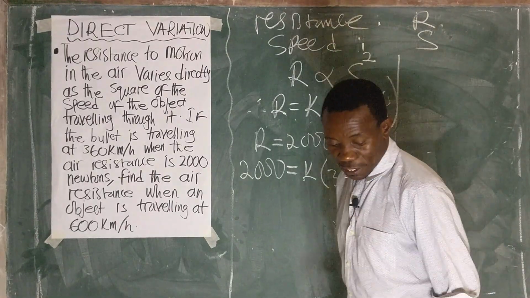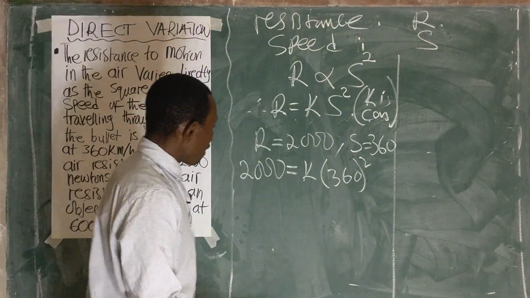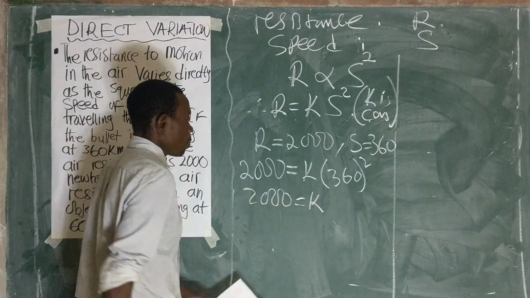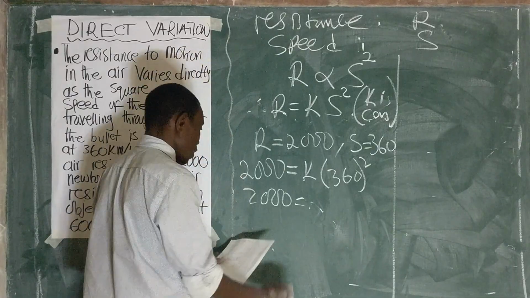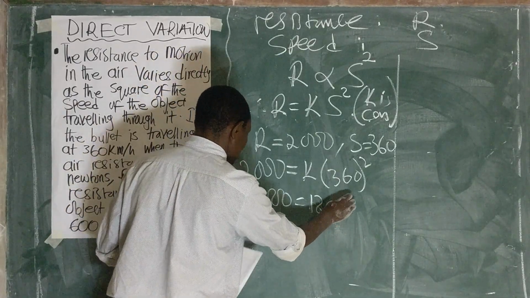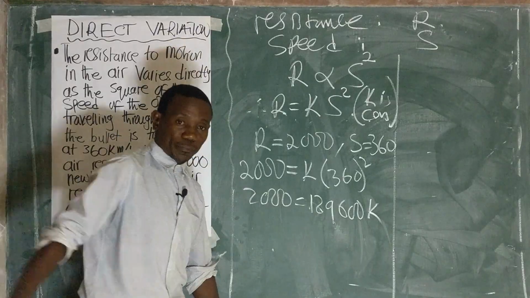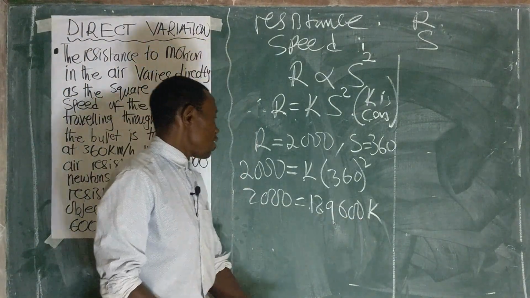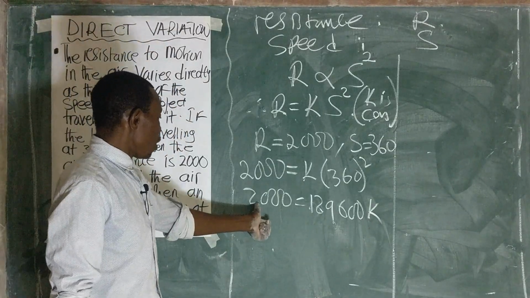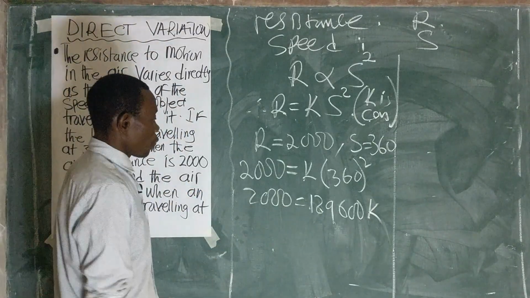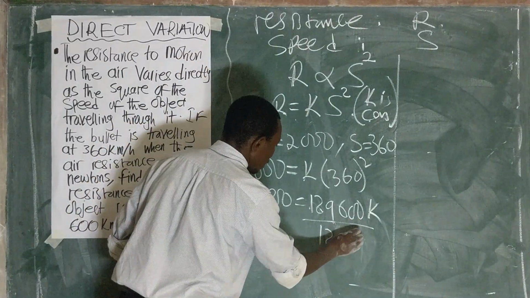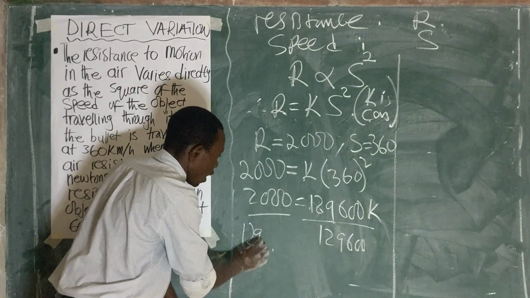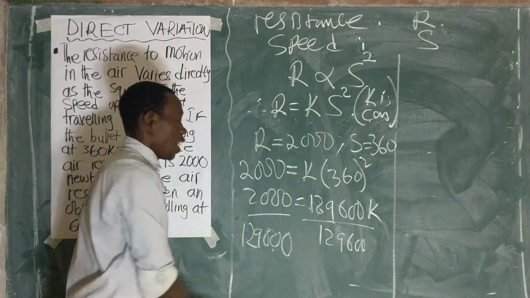If you simplify this, you obtain 2000 equal to K multiplied by 129,600, that is 129,600K. Then divide both sides by the coefficient of K, which is 129,600, in order to find the value of K. I divide this side by 129,600, and I also divide 2000 by 129,600.